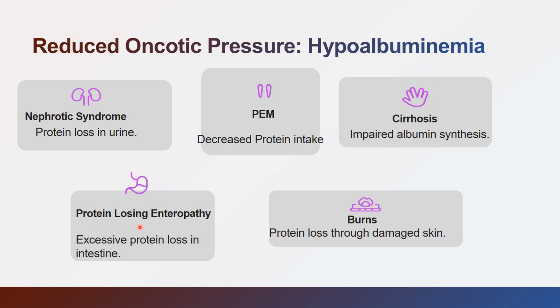In protein losing enteropathy, that is the gastrointestinal cause, here there is excessive loss of protein in the intestine, so ultimately leading to decreased albumin in the serum. And in case of burn, protein loss is through damaged skin.